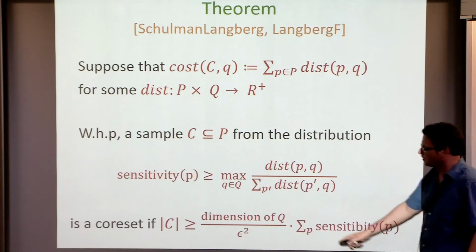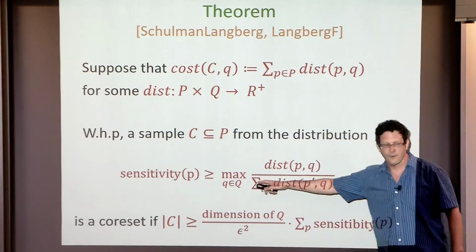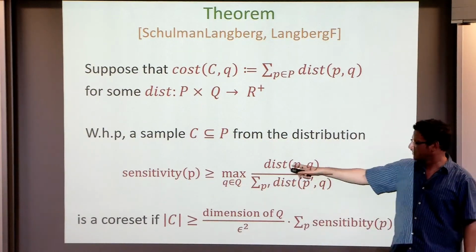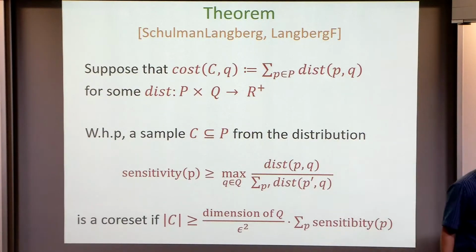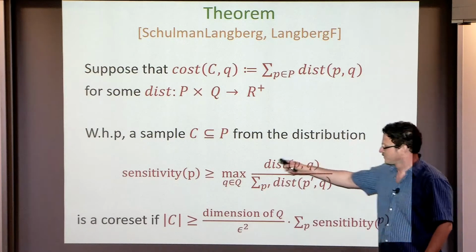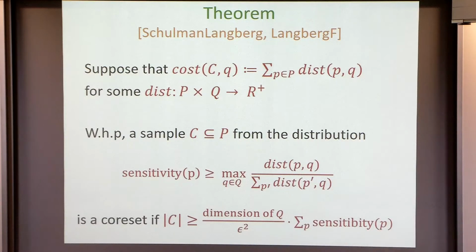And we define the importance of a point to be the maximum over all the possible queries of the contribution of the point to the query divided by the sum of the contributions. So for every point we have the importance of this point.